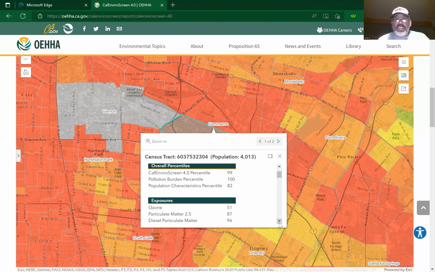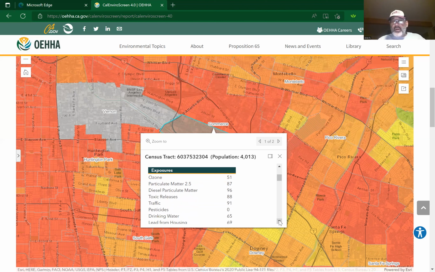As far as pollution, it's in the 100th percentile, meaning compared to all other census tracts, irregardless of race, color, what have you, there are no other census tracts that are worse. There might be some that are equal, but none are more polluted.